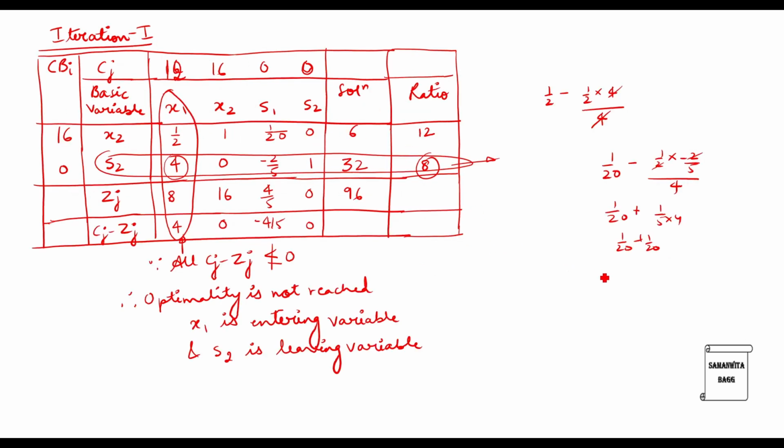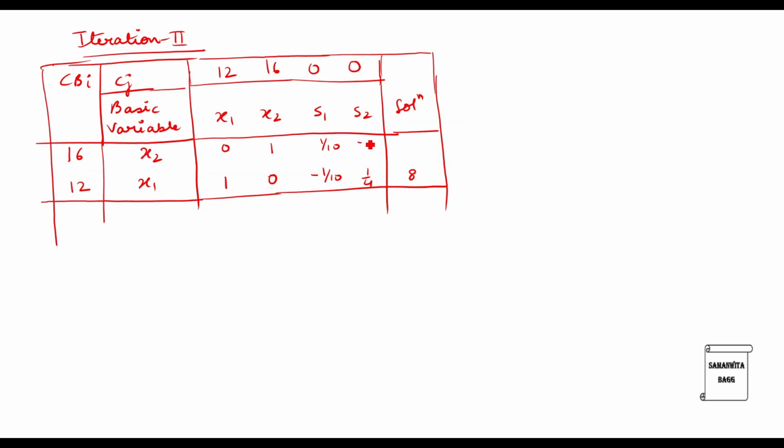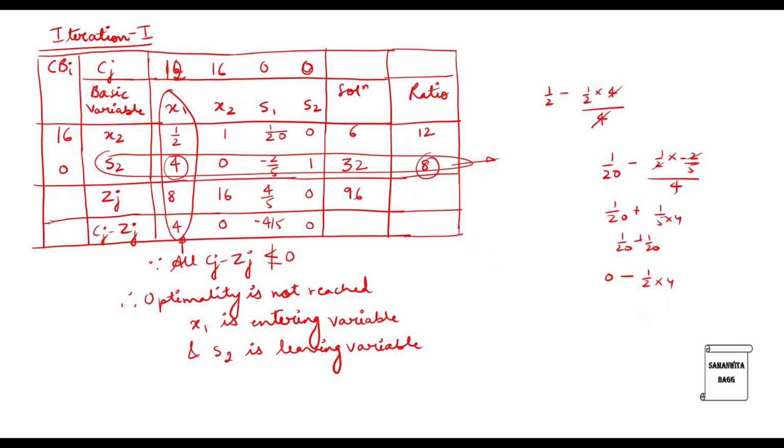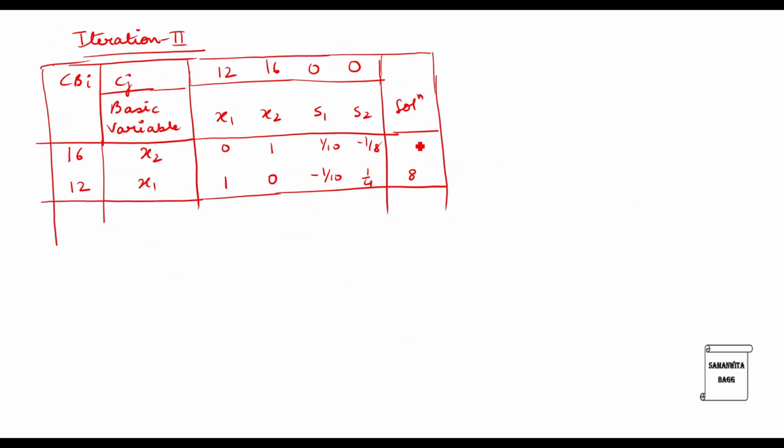And this is 0 minus half by 4, so it is minus 1 by 8. And here this will be 6 minus 32 into half by 4. So this will be 2. Now we calculate Zj and Cj minus Zj.